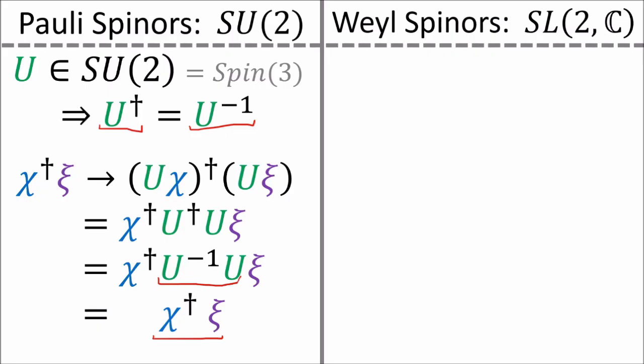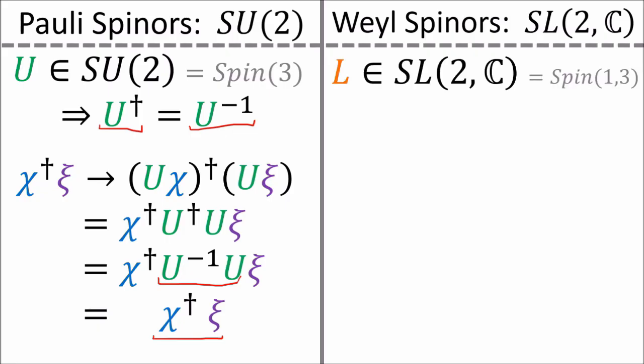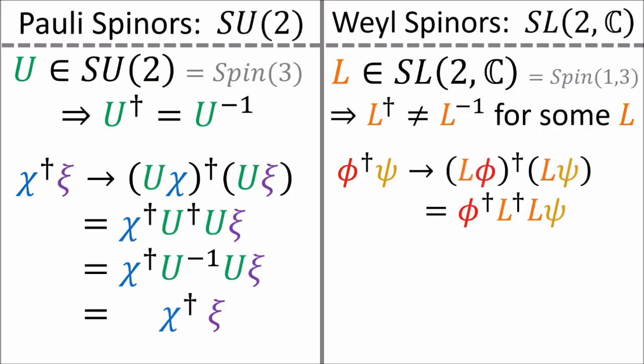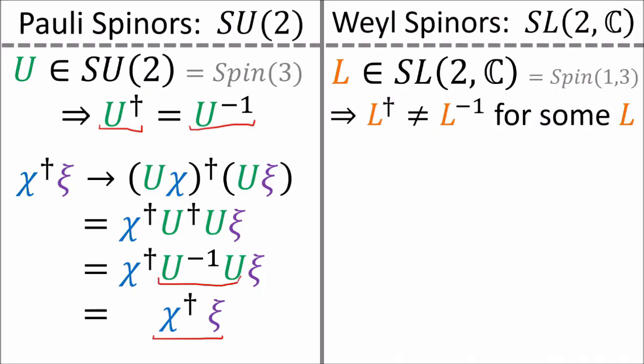Weyl spinors in space-time are Lorentz transformed with SL2C matrices, which are not guaranteed to obey the unitary property. This means that if we have Weyl spinors psi and phi, phi dagger psi is not guaranteed to be unchanged. We can get around this problem by defining the scalar product to be phi transpose epsilon psi, where epsilon is some matrix.